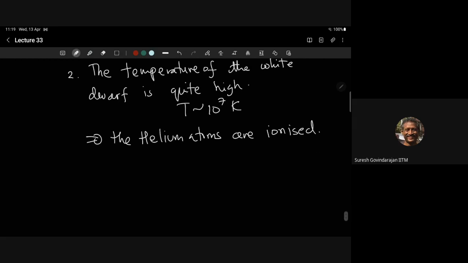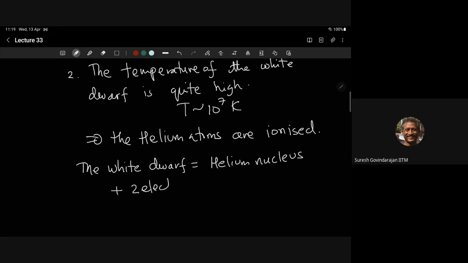So what we will have is that the white dwarf will be helium ion, helium nucleus, plus it will contribute 2 electrons. So that's what we have.